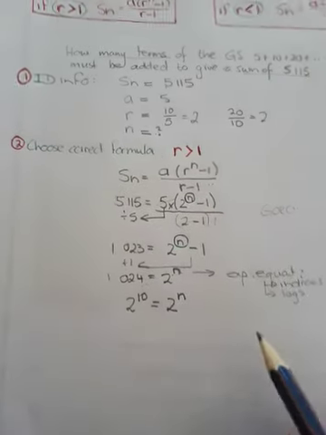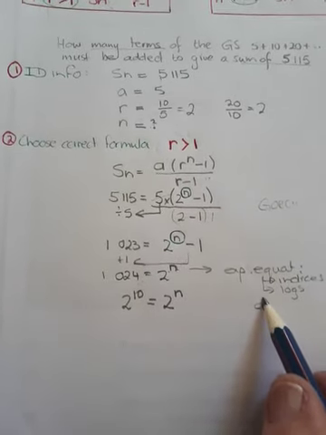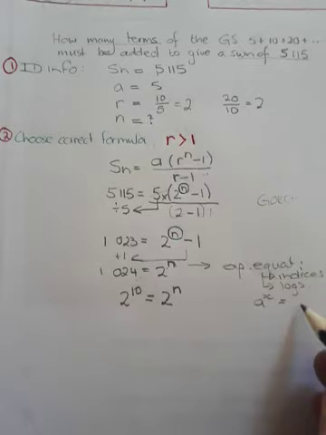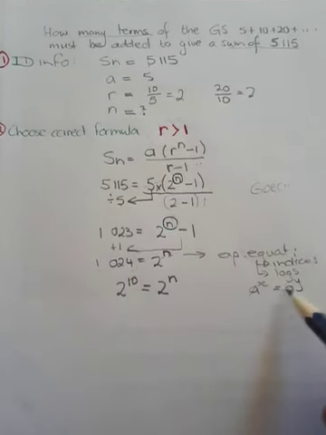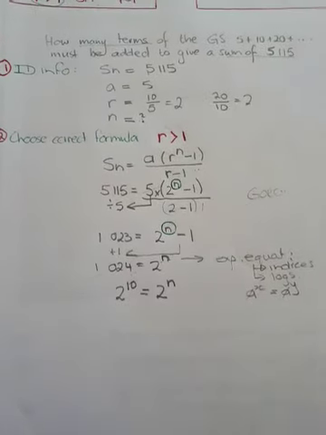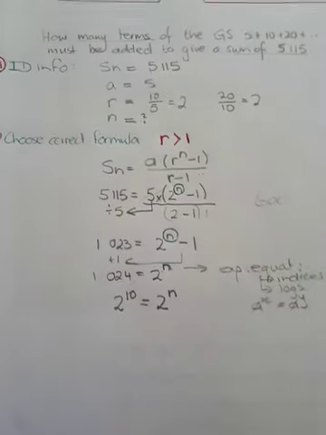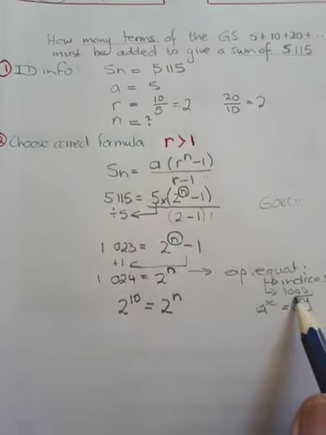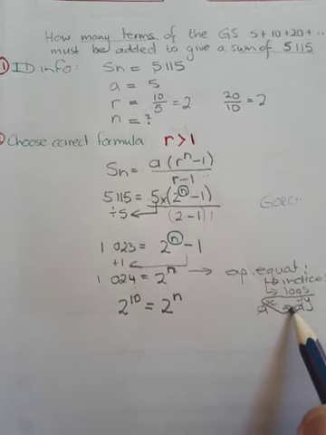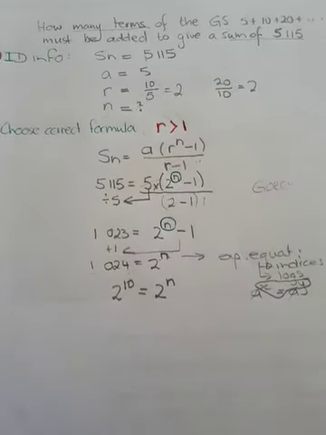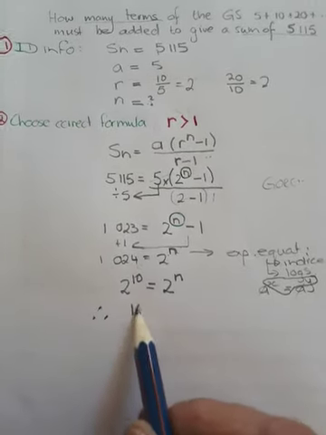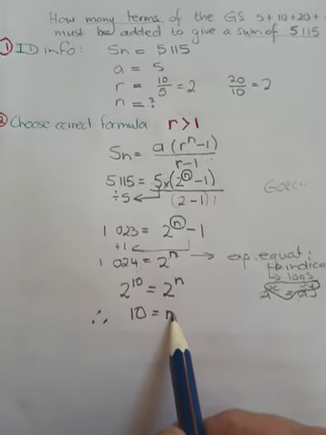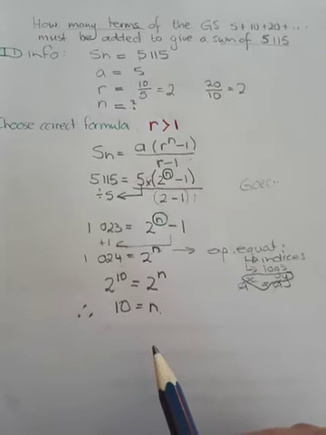And now if you remember the law, if we have a to the power of x equals a to the power of y, we can basically ignore our powers and, let me just do it in pencil, we can say that x equals y. So therefore, in this case, we can conclude that n equals 10.